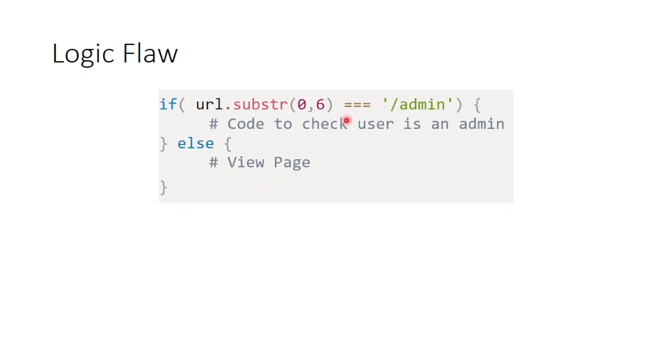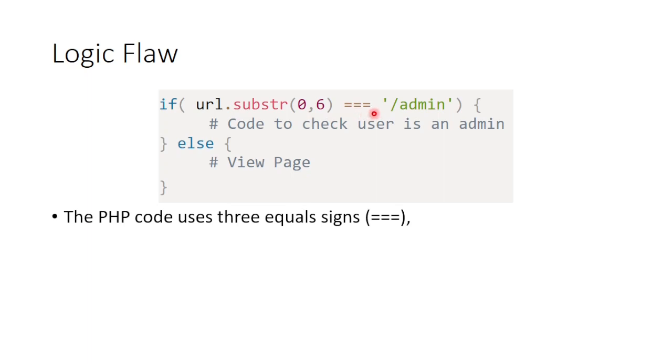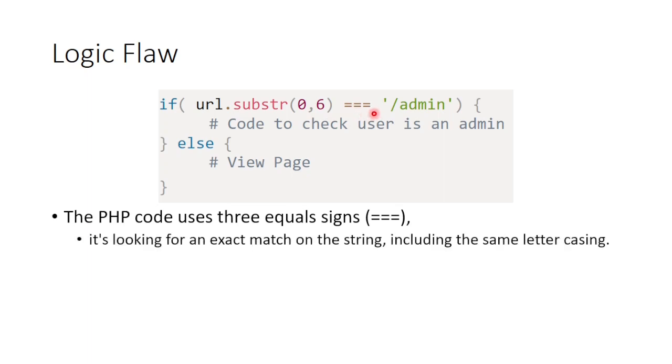However, because this PHP code uses these three equal signs, so equal, equal, equal, it's looking for the exact match on the string, including the same letter casing.